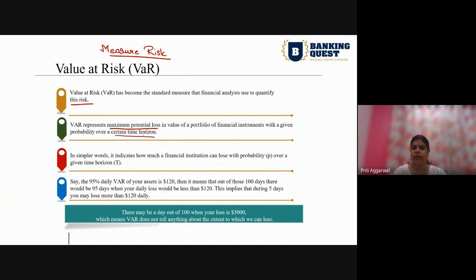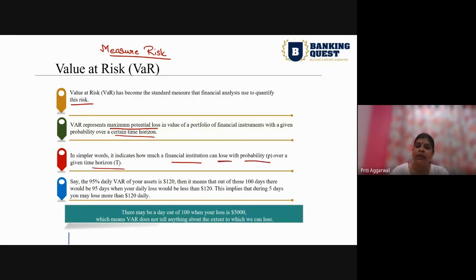So if I am talking about a 1 day time horizon, or a weekly time horizon, or a monthly time horizon, I will take a time horizon and see what will be the maximum potential loss which my financial instrument or my portfolio will have, right? In simpler words, it indicates how much a financial institution can lose with a given probability over a given time horizon.